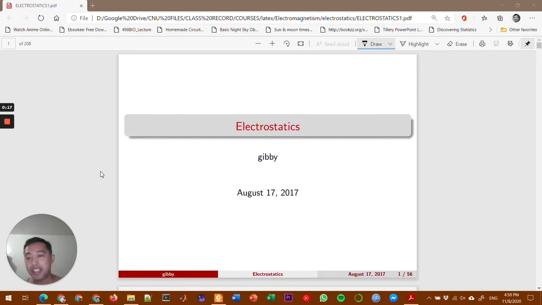Fortunately, nahuman na kita sa mga preliminaries about line integral, surface integral. We discuss also the Dirac delta function and also vector analysis.